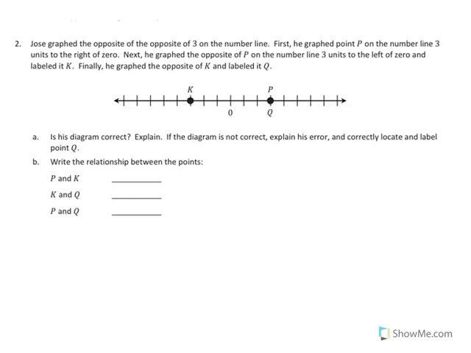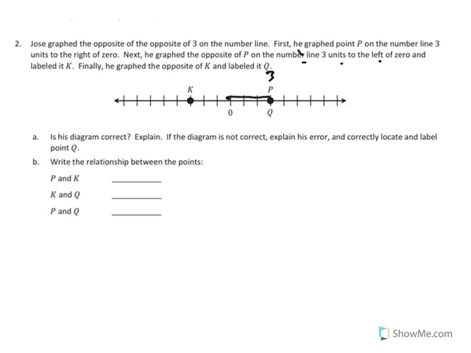Jose graphed the opposite of 3 on the number line. So here's what he did. First, he graphed a point P on the number line at 3. So this is where he graphed his 3. Then, it was 3 units to the right of 0. Next, he graphed the opposite of P on the number line 3 units to the left of 0.